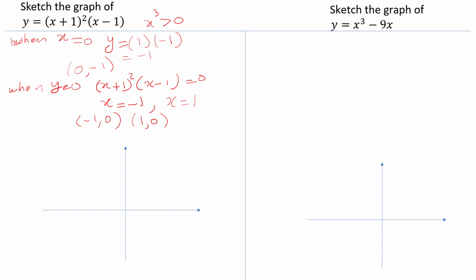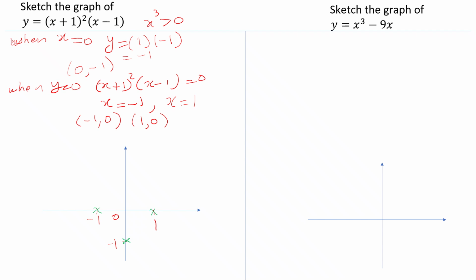Now mark the coordinates (0, -1), and +1. So (0, -1) is here, and (1, 0) is here. And the other one, y-axis (0, -1), here -1, the point.